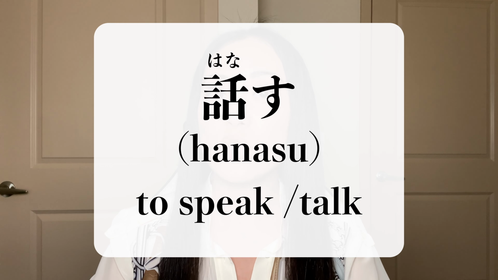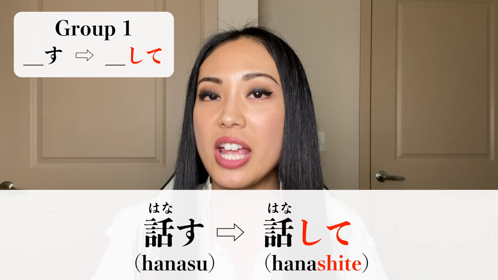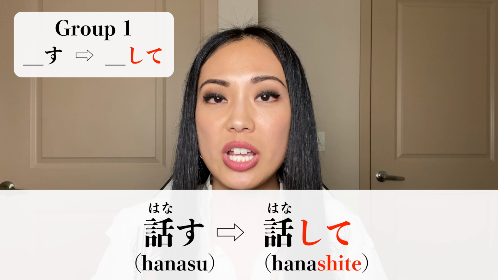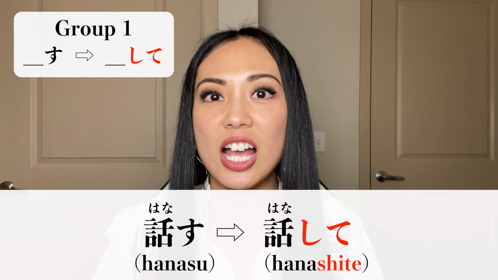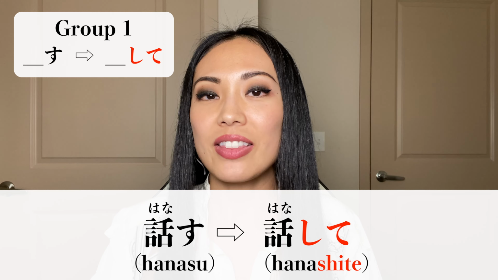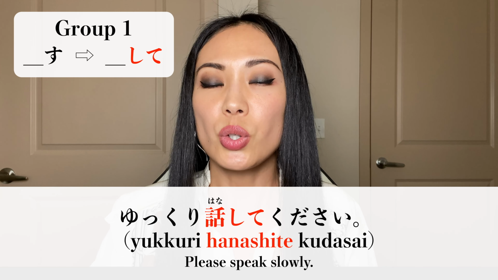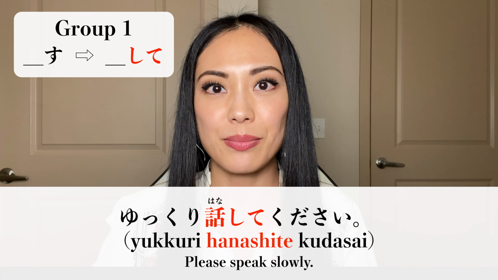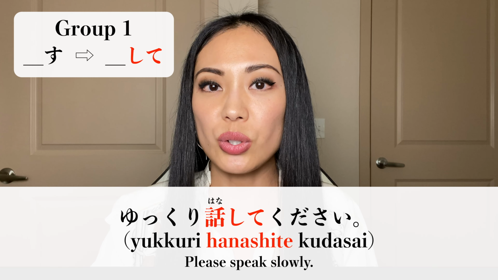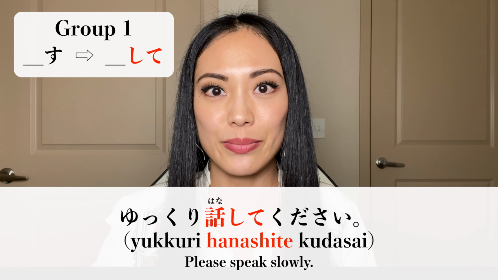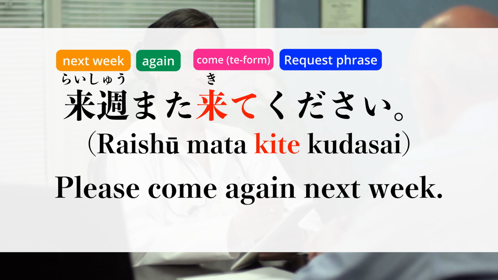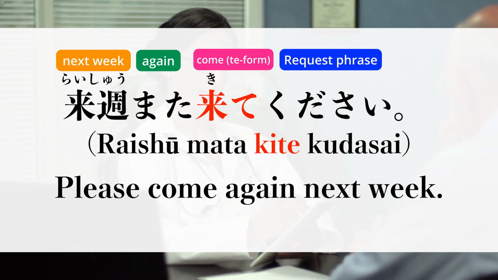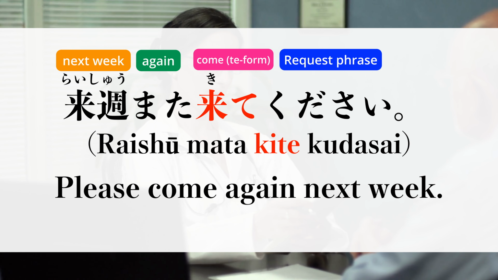To form the te form of 話す, which is a group 1 verb, replace the last す with して, resulting in 話して. ゆっくり話してください.